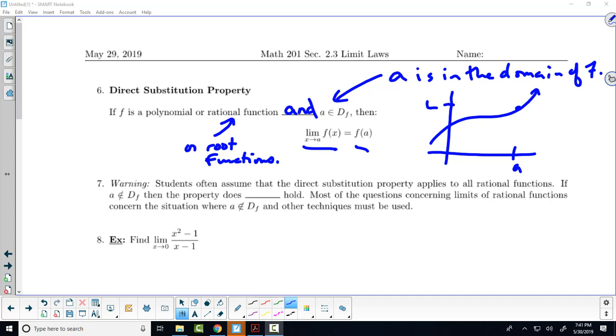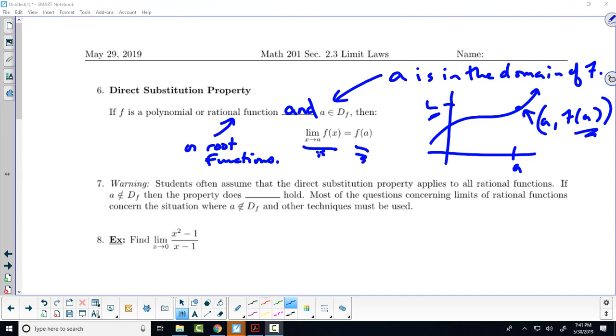This is the ordered pair a comma f of a. And what do we see? We see that f of a agrees with L, the limit. So the direct substitution property says rather than evaluating the limit, you can just plug the limiting value into the function.